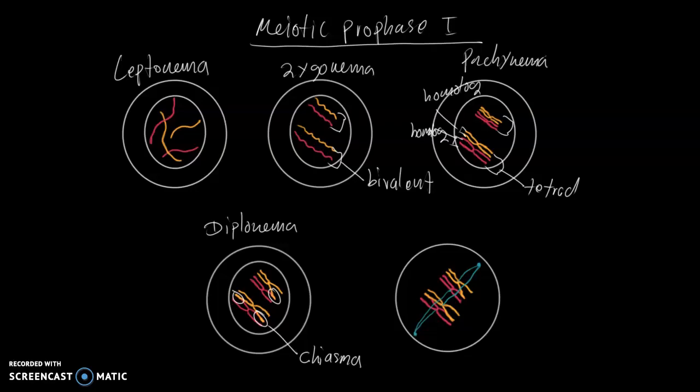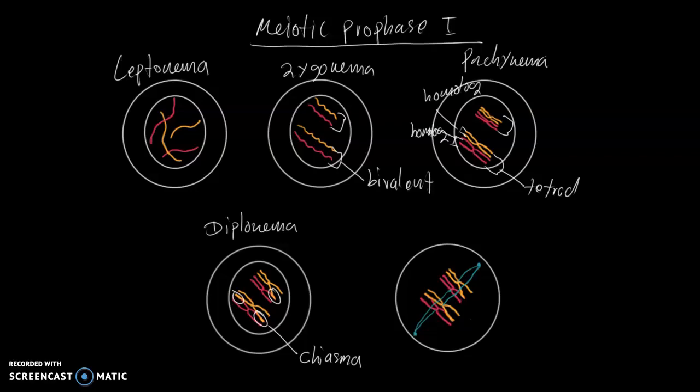The last part of prophase I is diakinesis. The nucleus and the nuclear envelope break down. The centromeres are attached to the spindle fibers. The important thing to recognize here is that both sister chromatids of a homologous pair are pointing to the same pole, and that the two homologs are pointing to opposite poles.